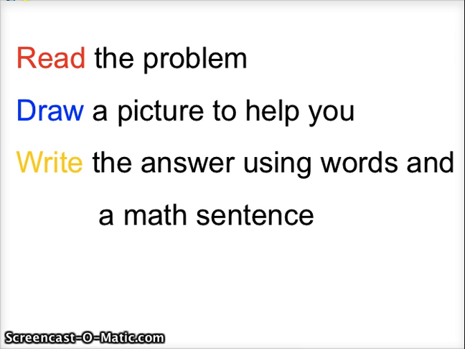Then draw a picture. That'll help you figure out the problem. Finally, write the picture using words in a math sentence. Go back and double check your work. Does your answer make sense? Remember what we talked about with the money, that's going to be a problem on there. And just draw pictures to help you figure out the best thing.